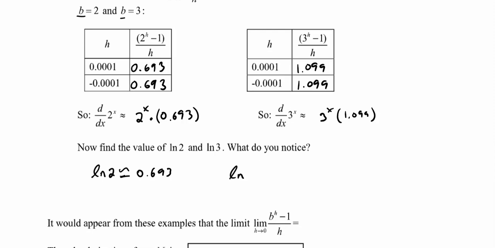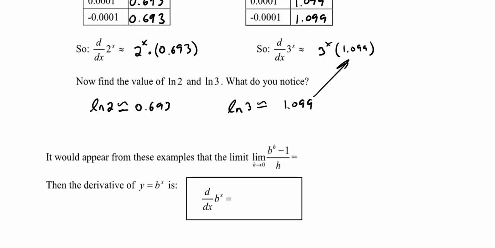The natural log of 3 is approximately equal to 1.099. And that's that, isn't it? Okay, I think we're there. So this really is that number with a natural log. So we can say the limit as h approaches 0 of this chunk would really be the same thing as the natural log of b.